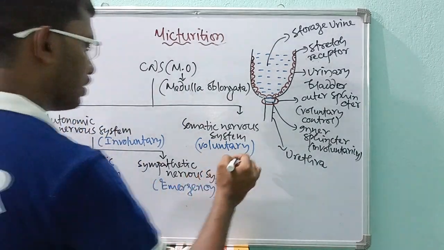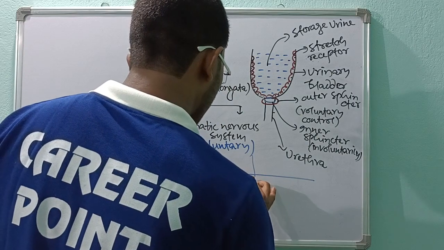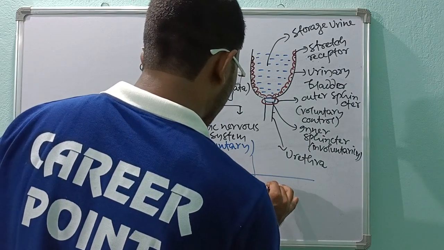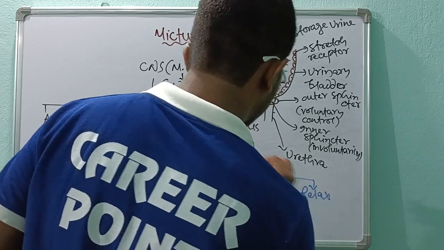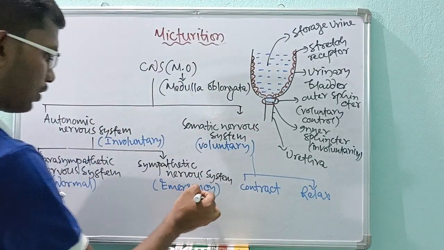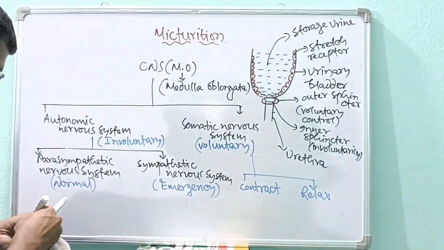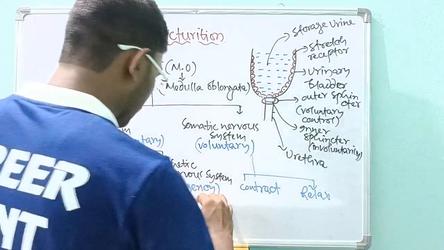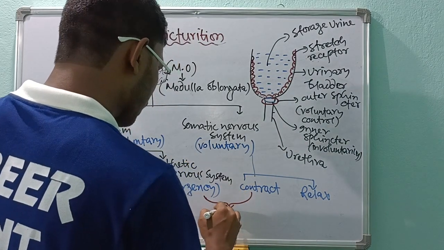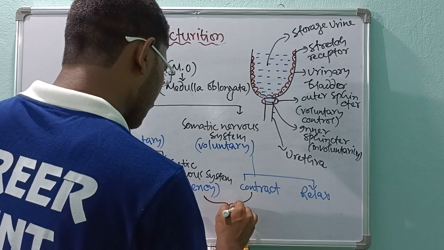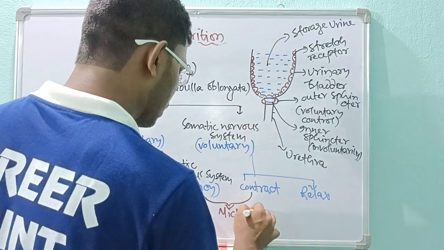So the somatic nervous system has two actions: one is the contract stage, another is the relax stage. Let's see the mechanism. First I write here, just 1 minute.